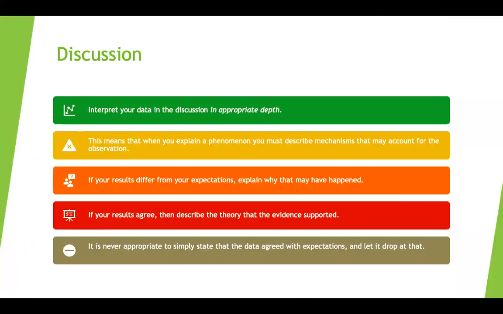So interpret your data in the discussion in appropriate depth. This means that when you explain a phenomenon, you must describe the mechanism that may account for that observation. If your results differ from your expectations, explain why that may have happened. So this is very important. Sometimes your results are telling a different story, and the people in literature have reported different outcomes. This may happen a lot because this is science, and nothing is fixed.